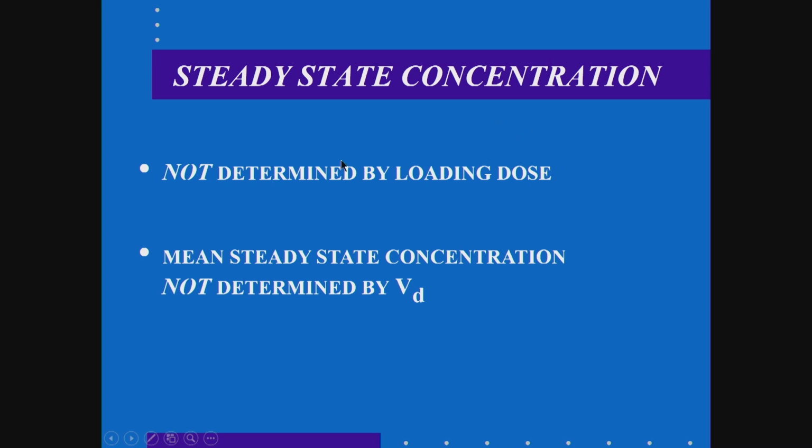Now, the mean steady state concentration with intermittent drug administration is not determined by the volume of distribution. But on the other hand, we need to pay attention to peak and trough levels because they will be affected by the apparent volume of distribution.